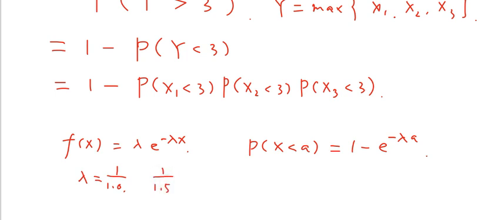And the third one is 2.4, so 1 over 2.4.